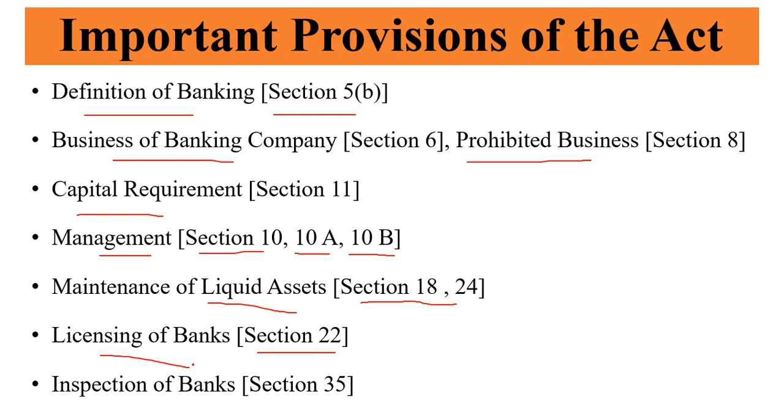And if a bank wants to open a new branch in any city, or if they want to transfer the branch from one location to another, for this purpose also the banks are required to take permission from Reserve Bank of India. Section 35 deals with the inspection of banks. So in the last two videos I have covered all these points.